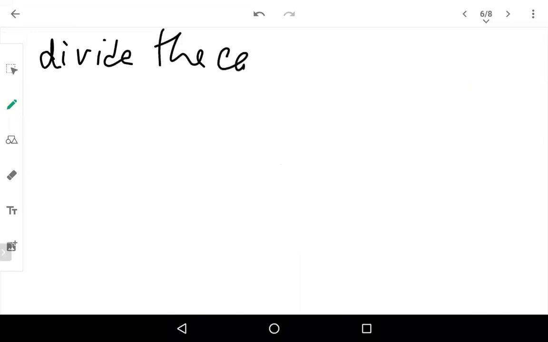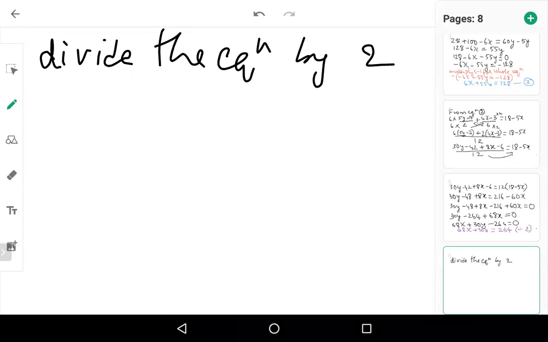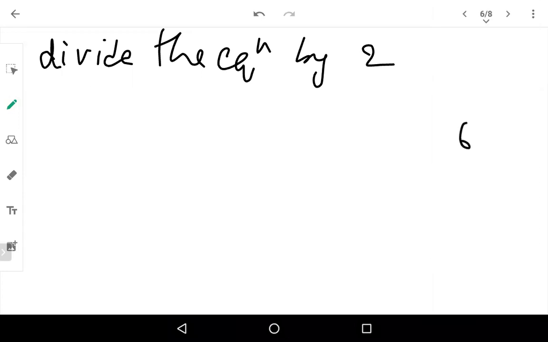Fine. So let us divide the equation by 2. So what will happen? You have 68x. So 68 by 2 will be 34x.